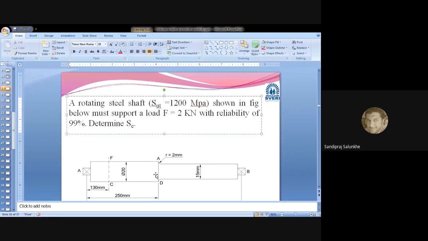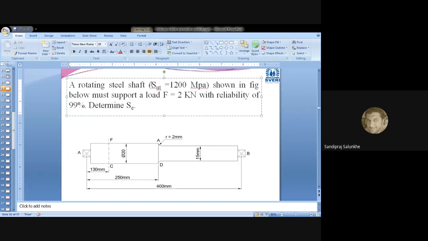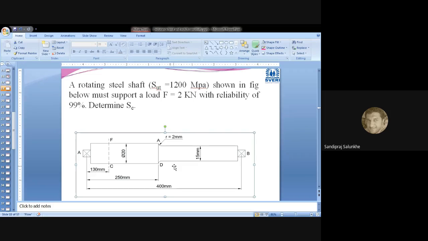So here it is also expected that we should be able to interpret all that experimental data, the Sut value which we can get from experimentation, and implement it in this problem which we have to solve. Okay. So all the dimensions are given for this shaft.